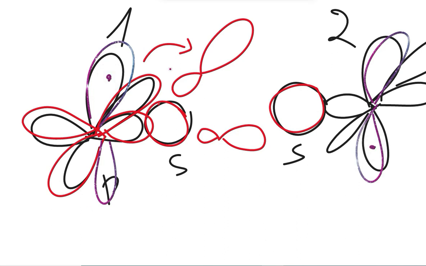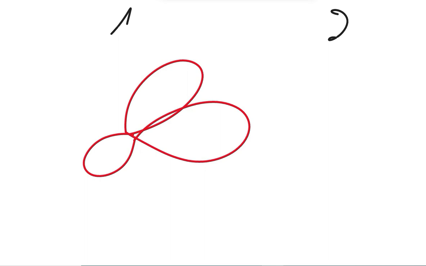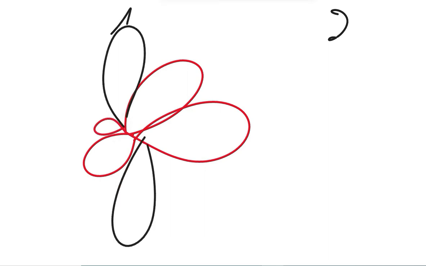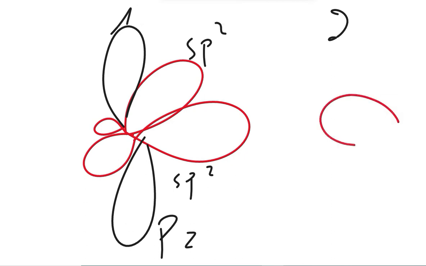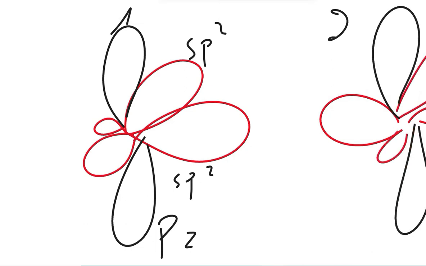And now each of these sp2, so if I want to draw it again, what we have here will become, the x became one sp2, right? The y also became an sp2. The pz remained unchanged, so it's still pz. This one is pz. This one is sp2. We have sp2 and another sp2, and the pz is still pz.